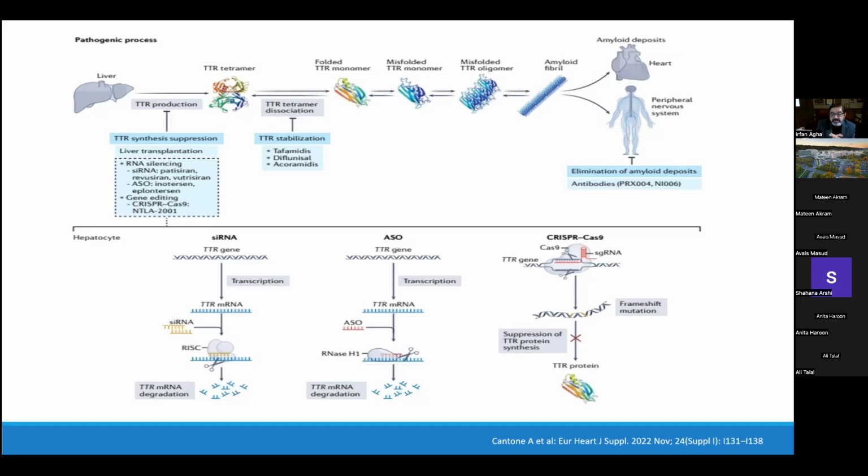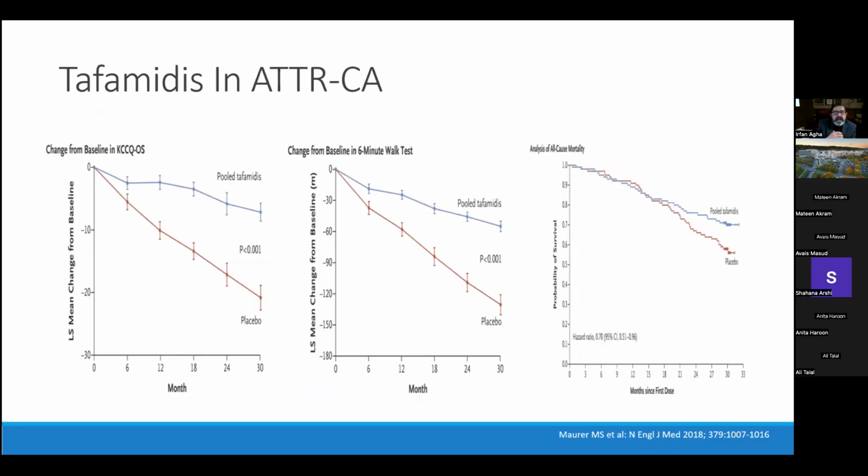And then you can actually do what is known as a medical liver transplant by CRISPR technology, where you have genomic editing, and there are studies showing that you do that after one dose of that gene therapy. There's a huge reduction up to the tune of 97% in TTR for up to 12 months, and this is in mouse models. But these are very, very attractive ways to treat this disease, which are coming down the pipe.